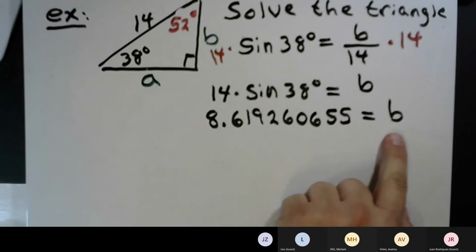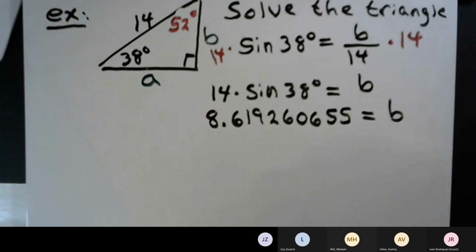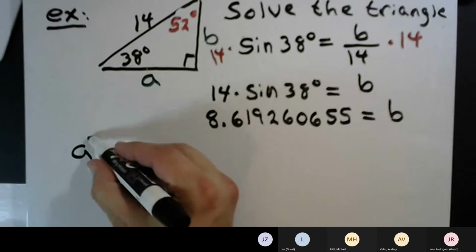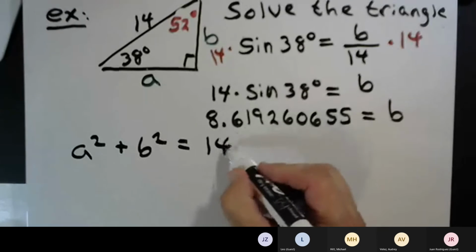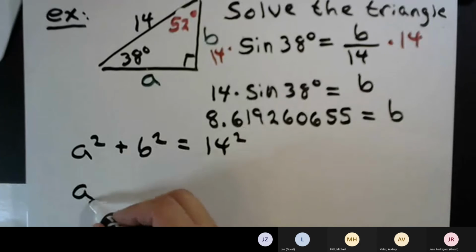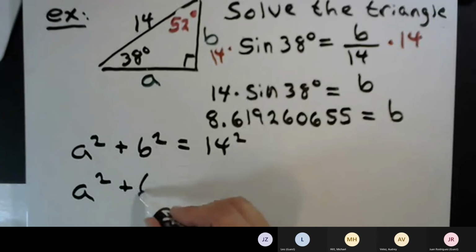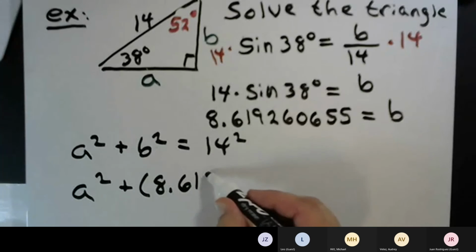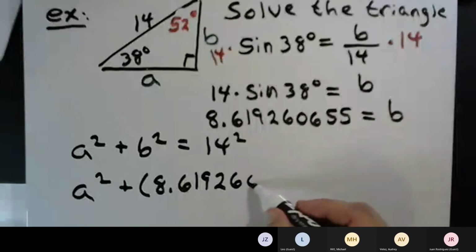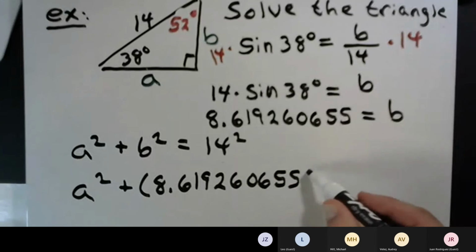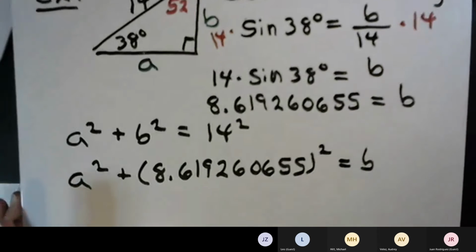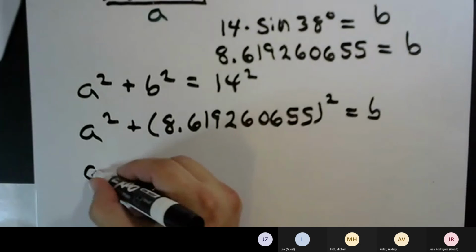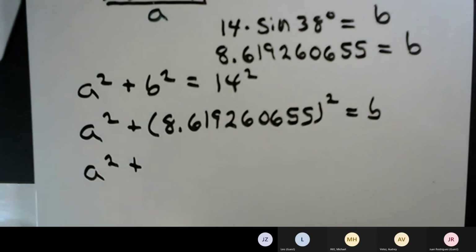So if we have b, we still need to find a. For that, now we can use our Pythagorean theorem. Now let's see.